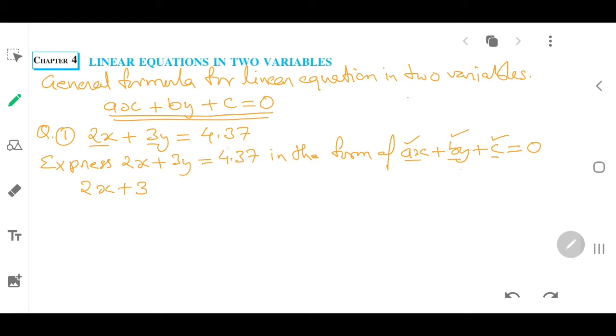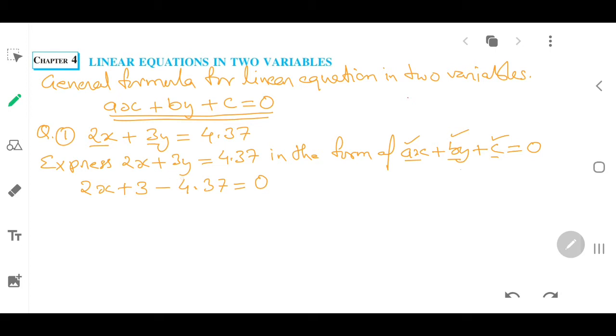So what you have to do, you have to bring it to the left hand side. So when 4.37 is on the left hand side, the sign will change. So it will become minus 4.37. That is the value of c, and that is equal to 0. Is it okay?